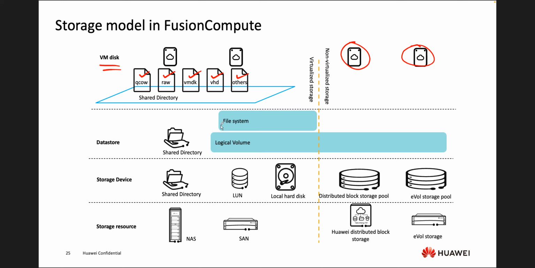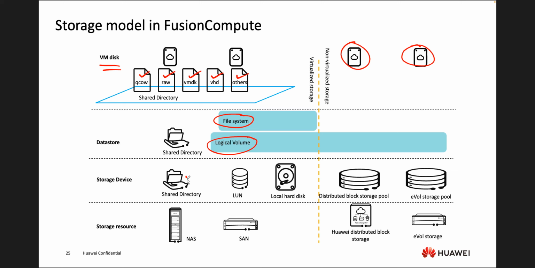And so here you have your file system. When those files get added, you have a logical volume, which could be a shared directory, and then your VMs would be copied to that shared directory on the data store. And then these are the types of storage devices.